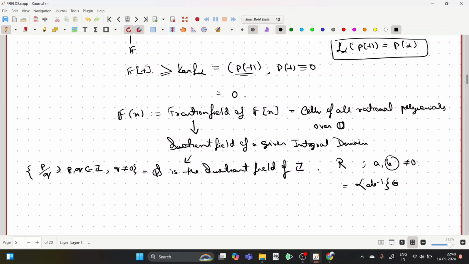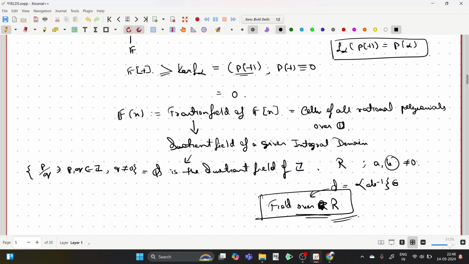This I name, let's say, simply Q, not the notation for rationals, and this acts as a field over R. It is called a quotient field. It is constructing a field using the elements of the underlying integral domain.